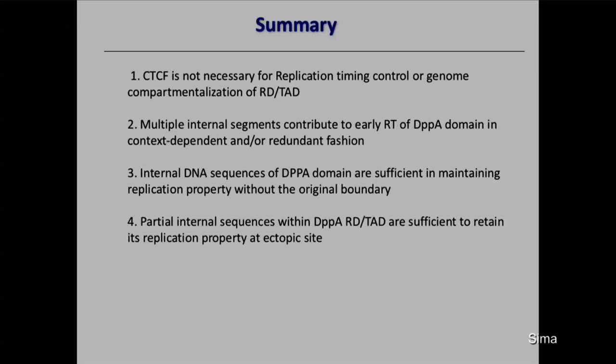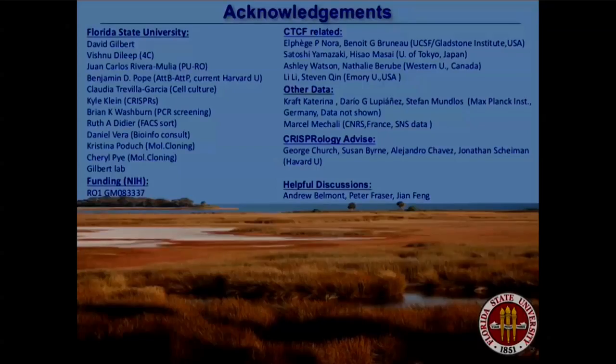The internal DNA sequences of the DPPA domain are sufficient to maintain their replication property without the original TAD boundary. And I want to stress that even very partial sequences of the internal DNA sequence are sufficient to retain the replication property upon insertion at the ectopic site, which really suggests that the internal DNA sequences play a very dominant role in replication timing control and organization.